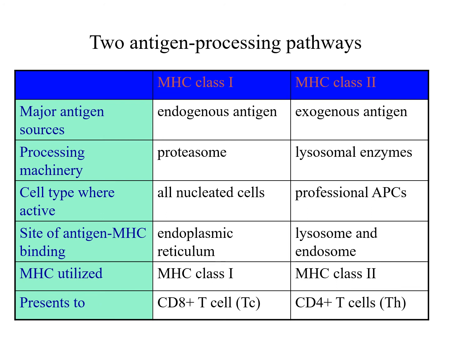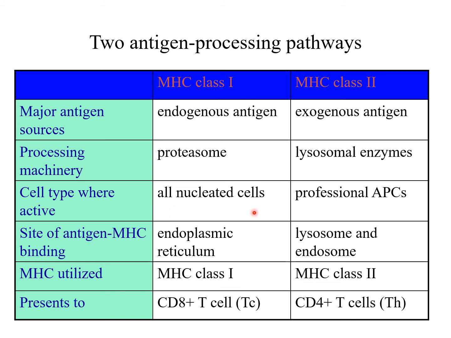We have two antigen processing pathways. MHC class 1 for endogenous antigens, MHC class 2 for exogenous antigens. In the processing machinery of MHC class 1, the destruction of the antigen occurs via proteasome. In MHC class 2, it occurs via lysosomal enzymes. Where do we find the MHC class 1?